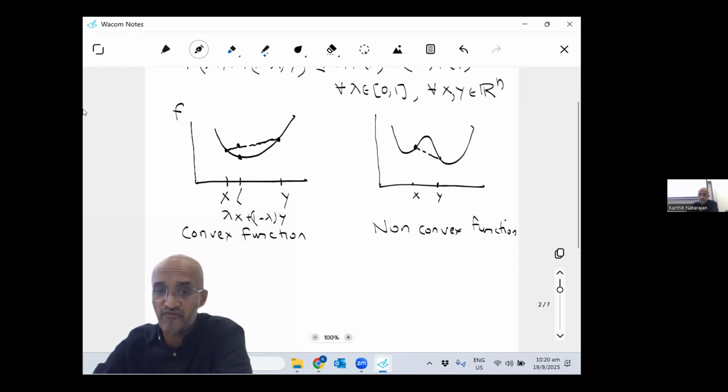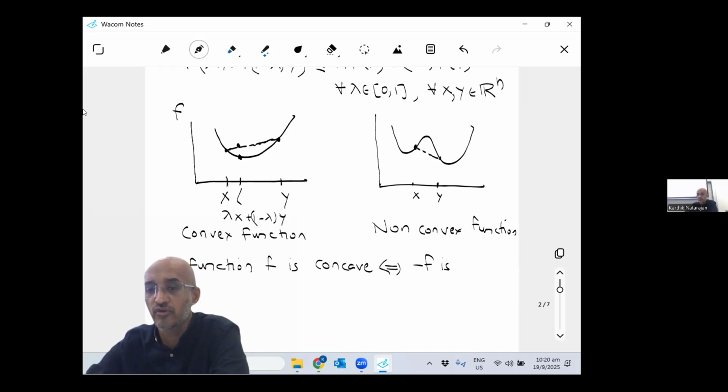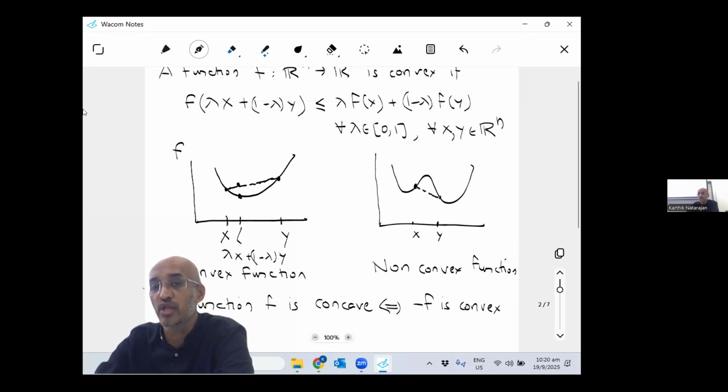Okay. Now what's a concave function? A function f is concave if and only if minus f is convex. So if minus f is convex, it means simply that the inequality on the top has to be reversed.